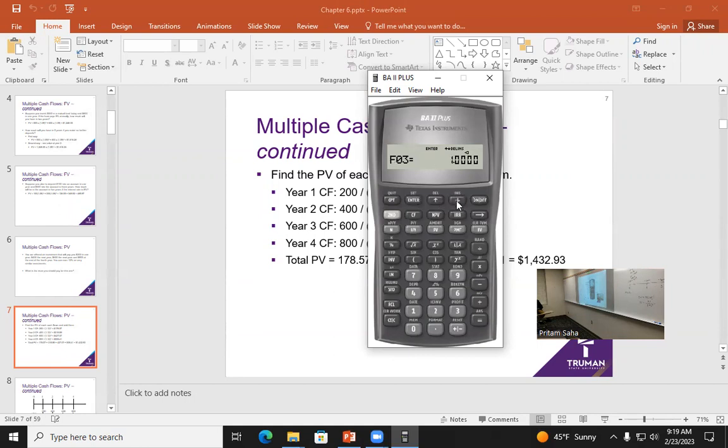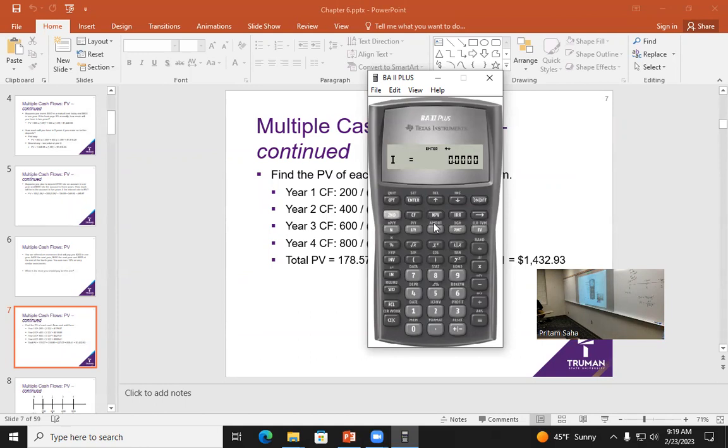Frequency of cash flow 3 is 1. Cash flow 4 is 800. 1, right?